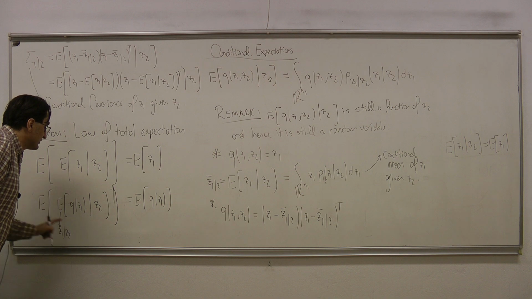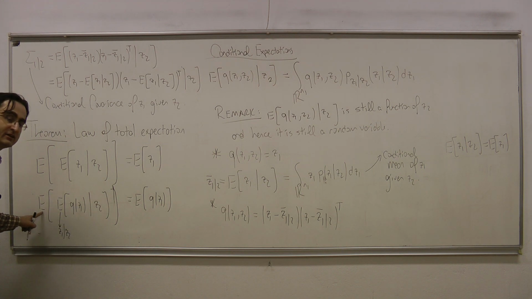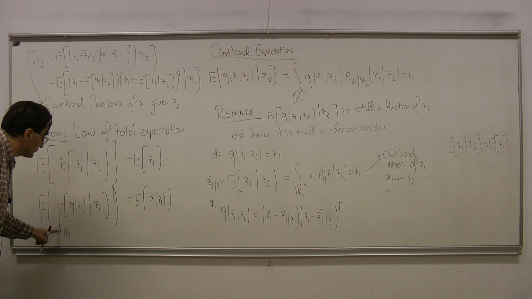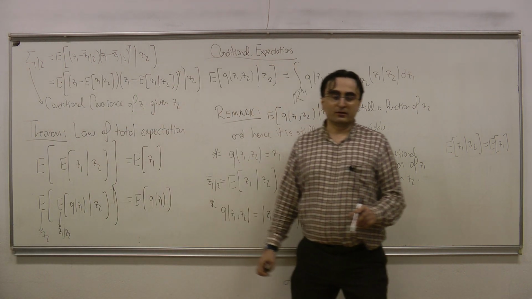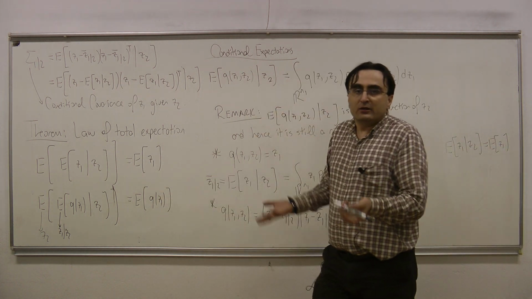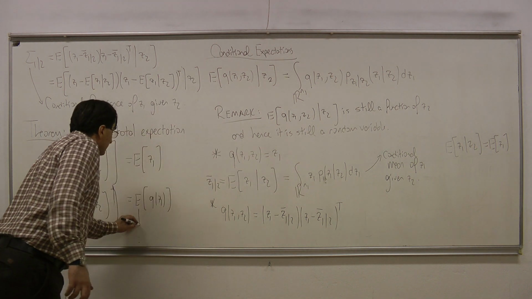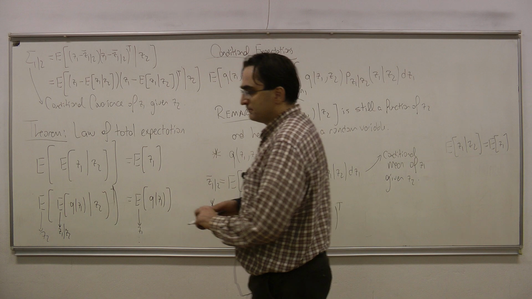So the inner expectation would be a function of Z2. As a result, the second expectation is only with respect to Z2. So the outer expectation is with respect to Z2, and the inner expectation is with respect to Z1 given Z2. What about this expectation on the right-hand side? This is only a function of Z1, and that means that this expectation is with respect to Z1.